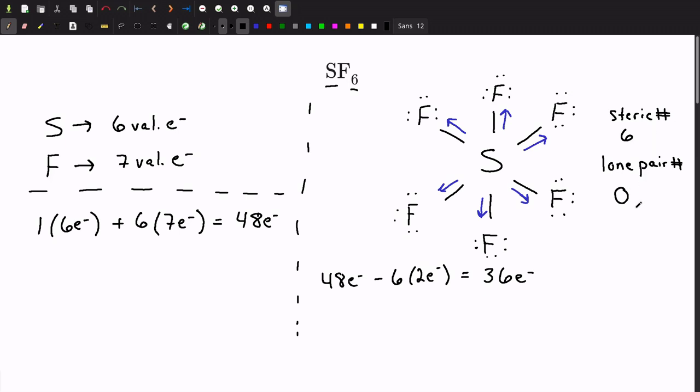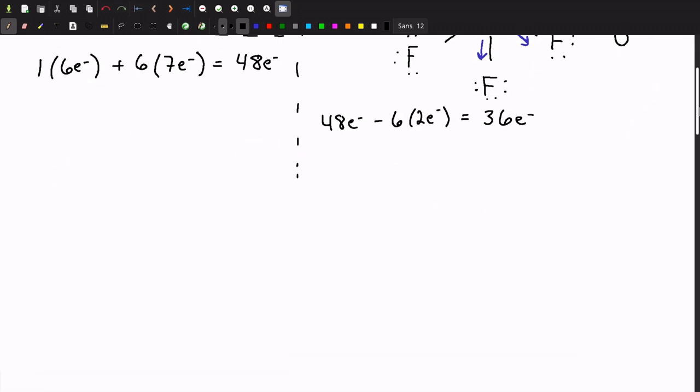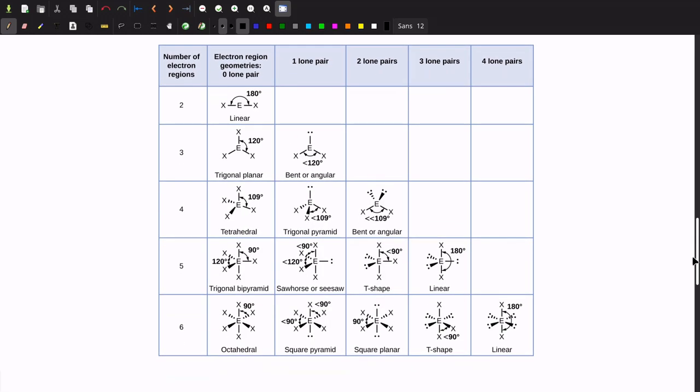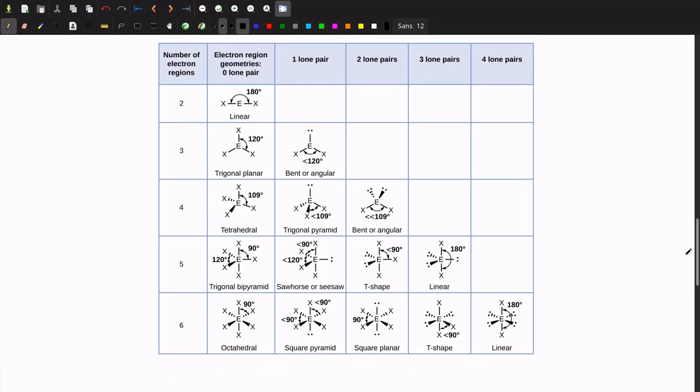Now, based on this information, I need to come down here and take a look at this chart here from chapter 7, section 6. This is the number of electron regions, which is what I'm calling the steric number.